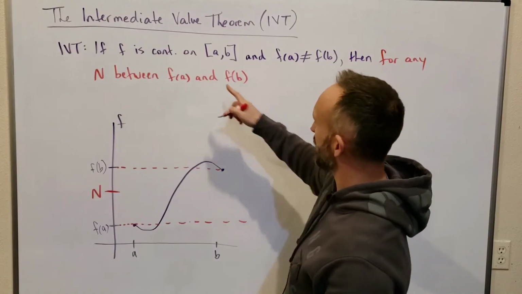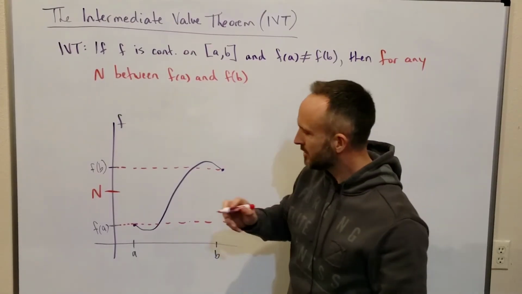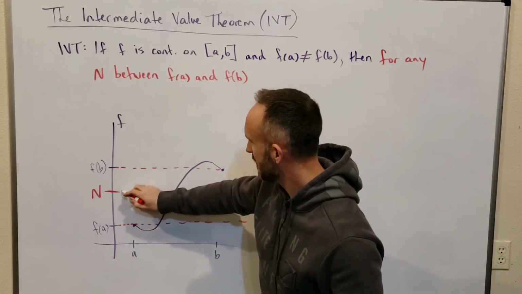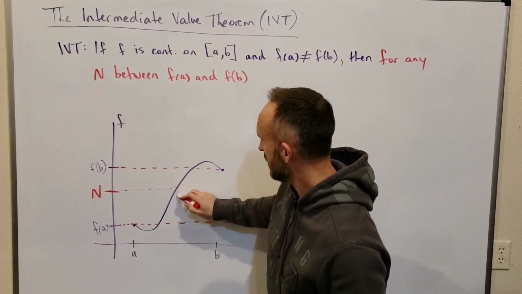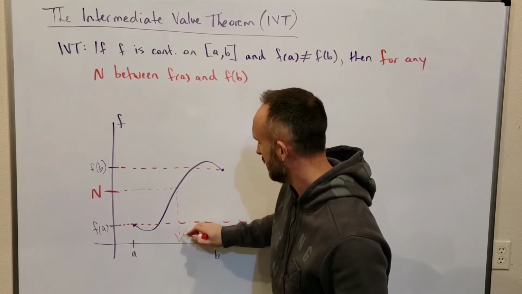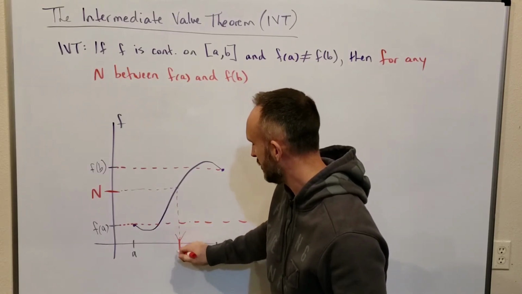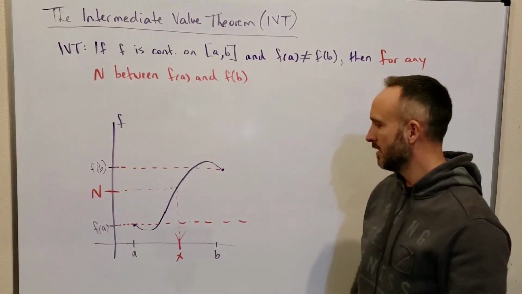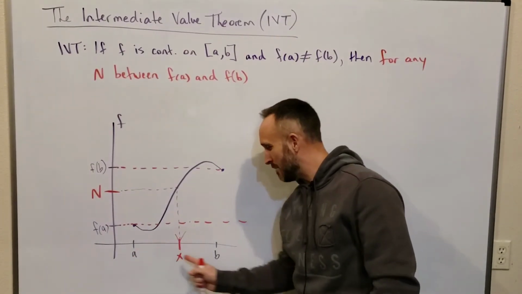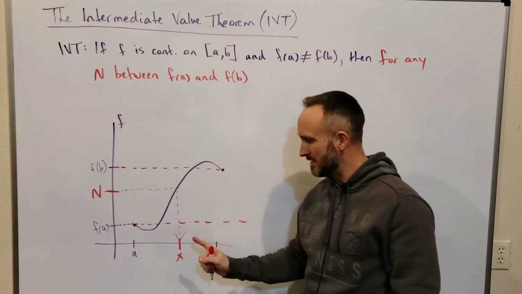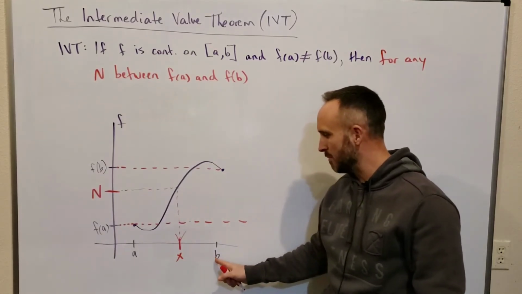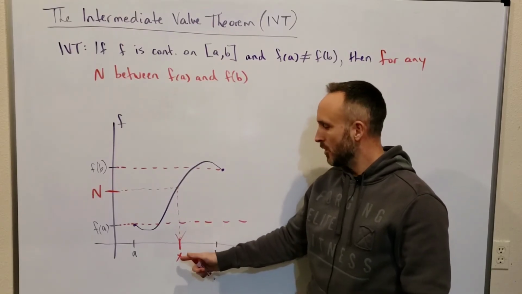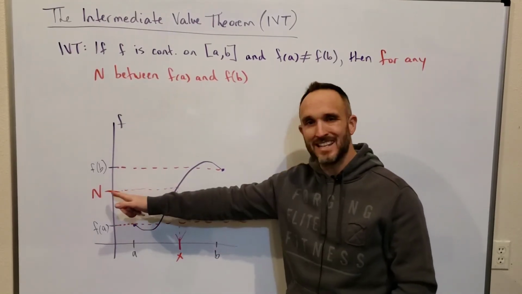For any n between f of a and f of b, it guarantees that there's some x value that lives between a and b, nowhere else, but it guarantees that there is some x value that lives between a and b, which we can see, the x value here, whose y value is that n.